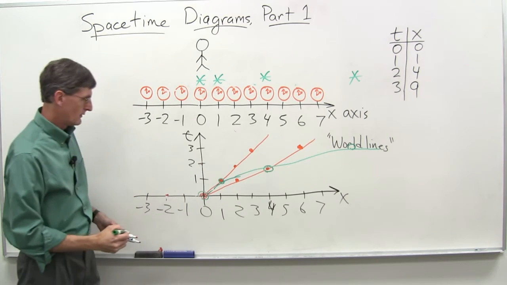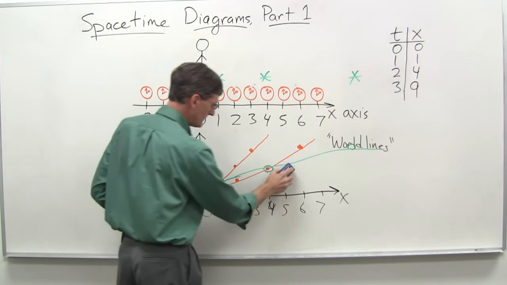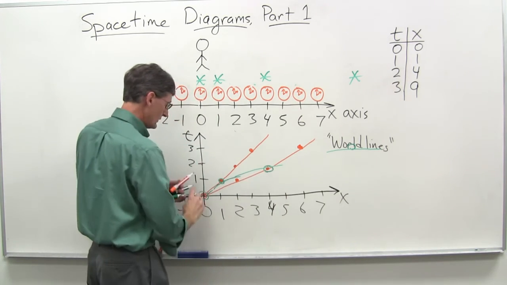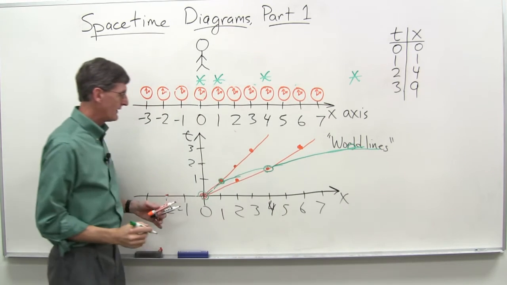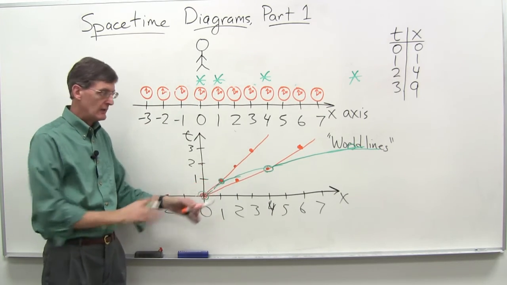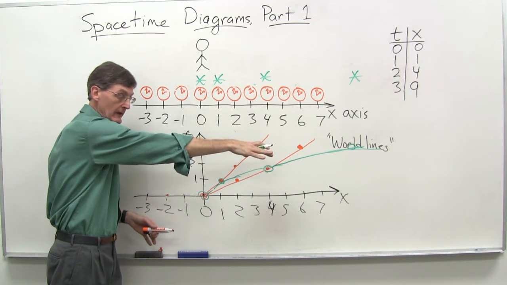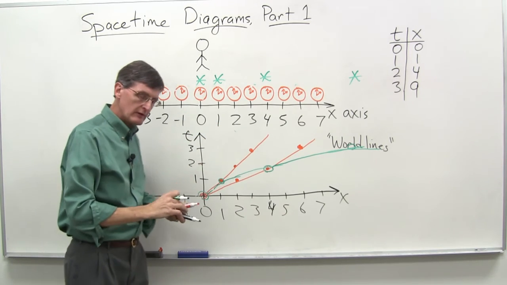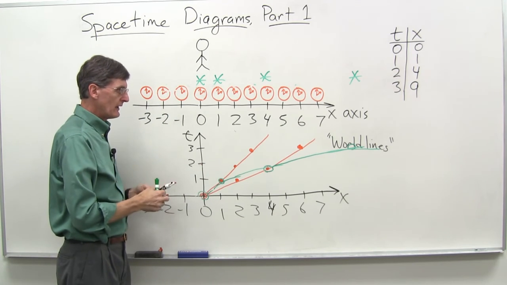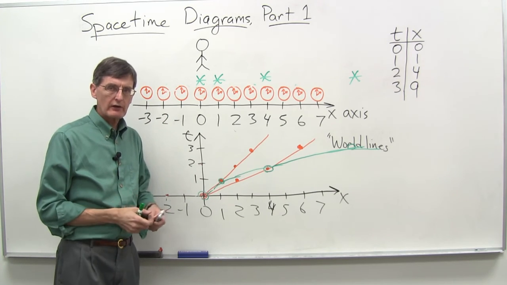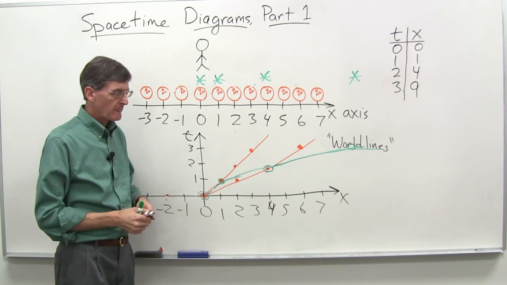Okay? Well, not quite like that. Hard to draw that. Point being is it would not be a straight line. It'd be a curved line. Okay? And when we get into more of the details of the special theory of relativity, we will find that we will only be dealing with constant velocity situations.